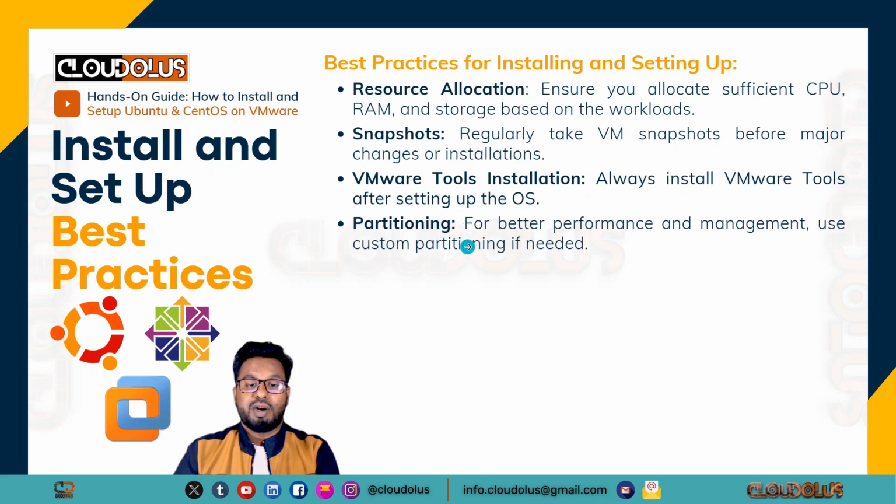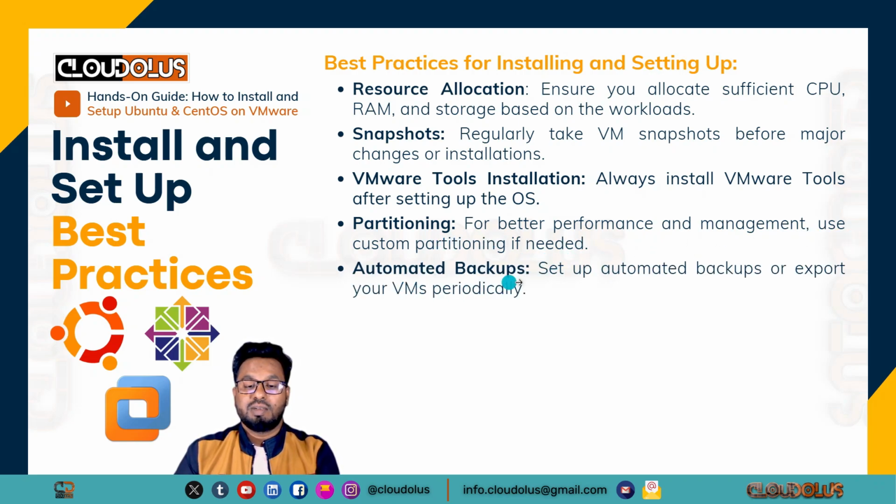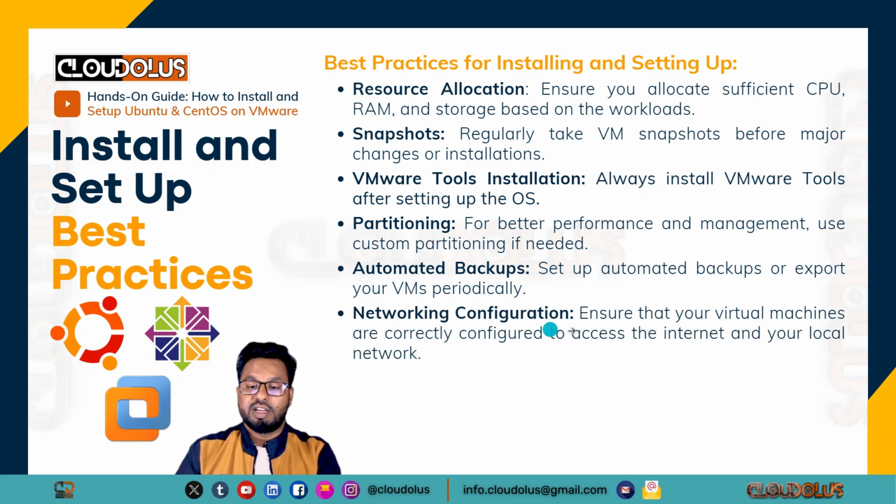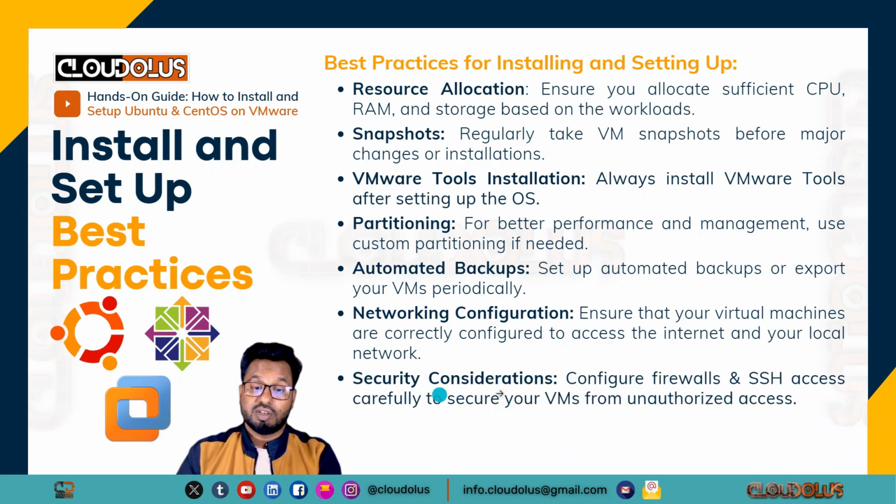Partitioning: for better performance and management, use a custom partition if needed. Automated backups: set up automated backups or export your VMs periodically. Networking configuration: ensure that your virtual machines are correctly configured to access the internet and your local network. Next, security considerations: configure the firewall and SSH access carefully to secure your VMs from unauthorized access.